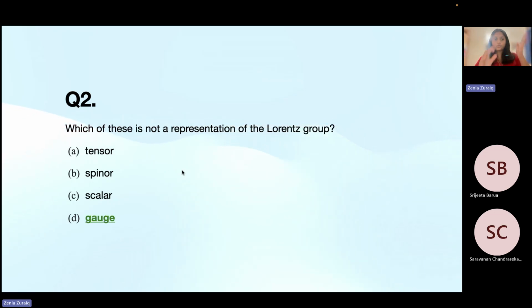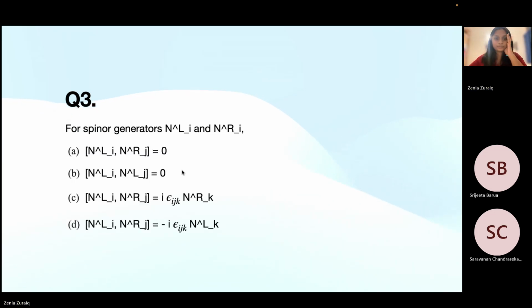Correct. So we know the representation means that I'm mapping it into a particular vector space. As we saw in the last slide, the tensor representation is like when we have the graviton, for example, the spinor representation is the Weyl spinors, and scalar representation is when we have scalar fields like we use in the Klein-Gordon equation. Okay, good.